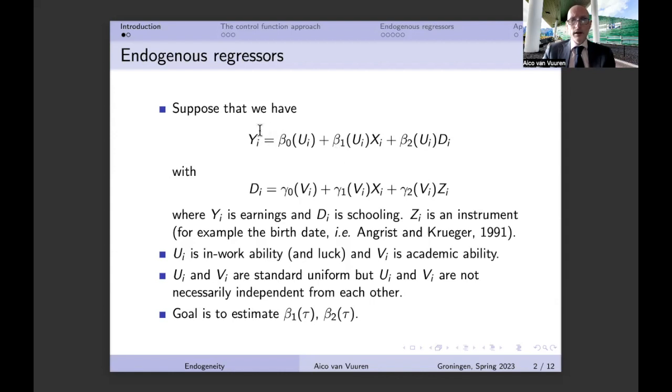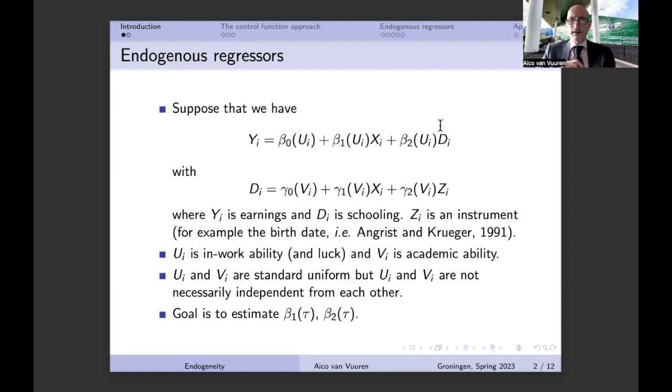So y_i is going to be the log hourly wages, x_i are all kinds of human capital characteristics, including gender, ethnic background, age, and the like. Region is also another one. And then d_i is going to be the level of education. So d_i is in this case education.